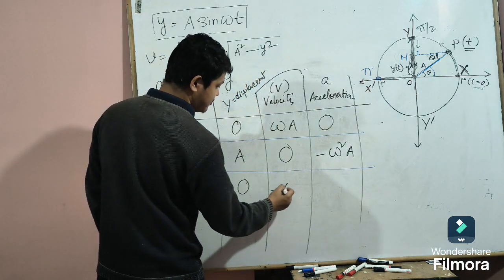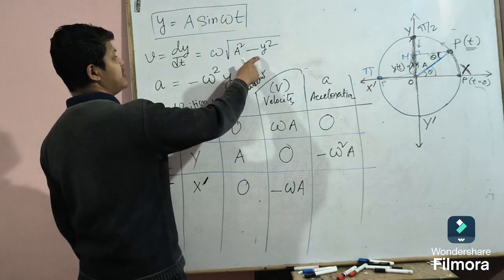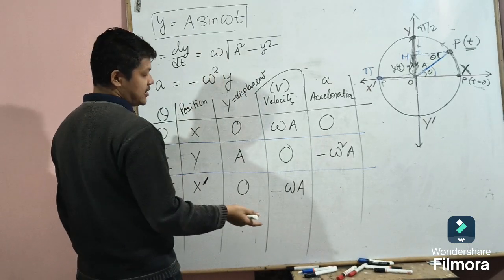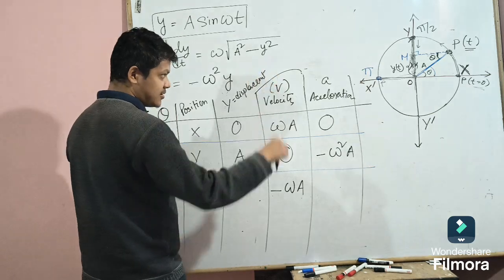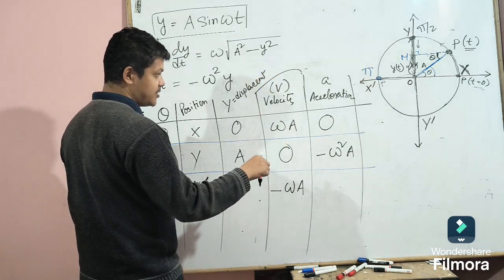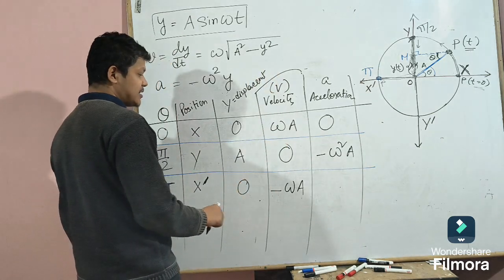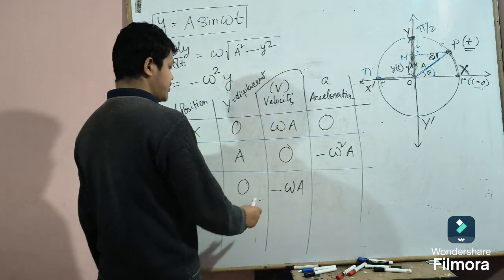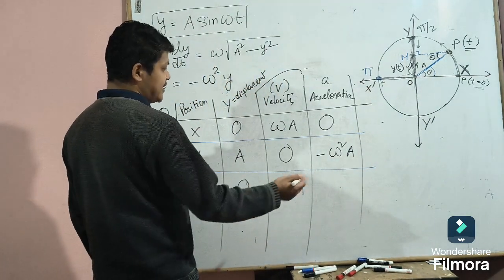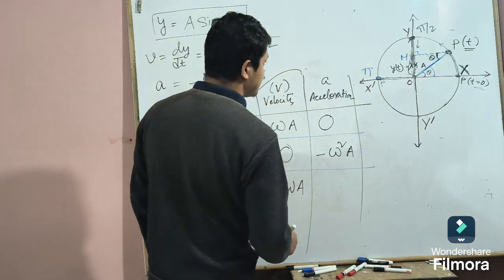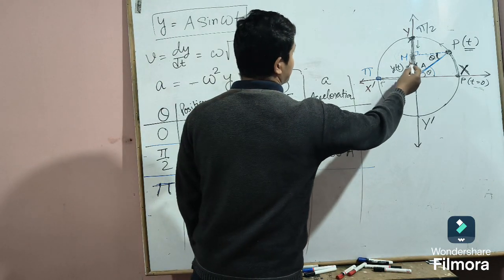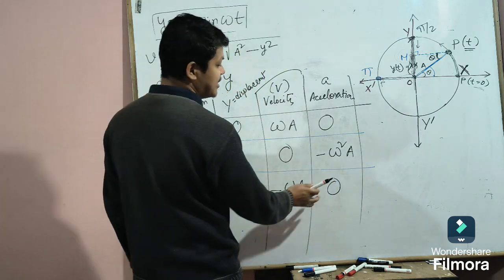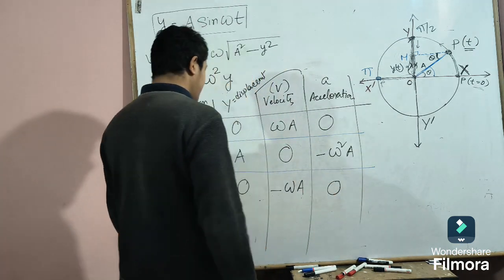So that's going to be negative omega a. When y is equal to 0, velocity is omega a, because square root of a square will be a, but it is now directed towards the negative y-axis, so that's why negative. And the acceleration at this position, when m is here, is again 0. At mean position, acceleration is always 0, right?